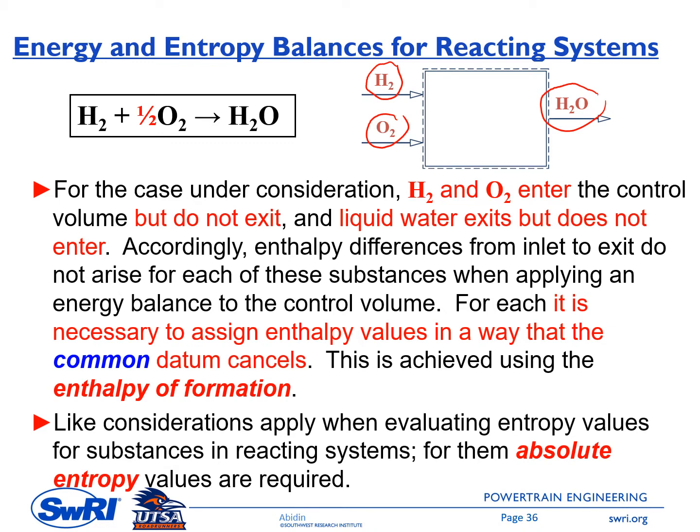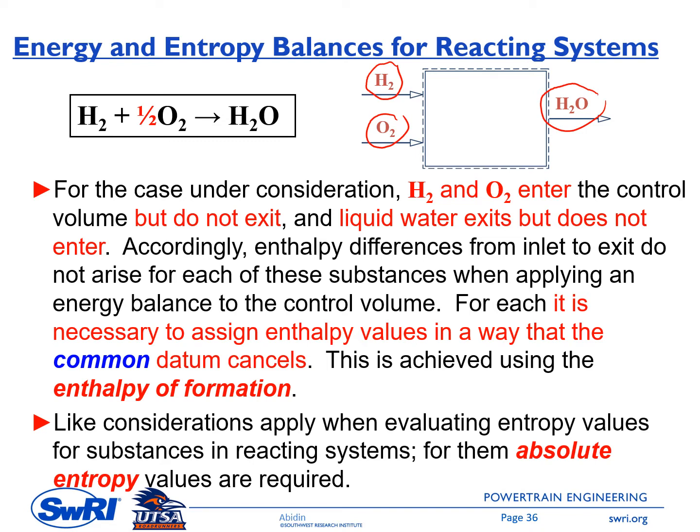So for each, it is necessary to assign an enthalpy value in a way that the common datum cancels, and this is achieved using the enthalpy of formation. So once again, this is why we need to use a new datum for this reacting system. In this simple example, we don't have the same species at the entrance compared to the one at the exit.